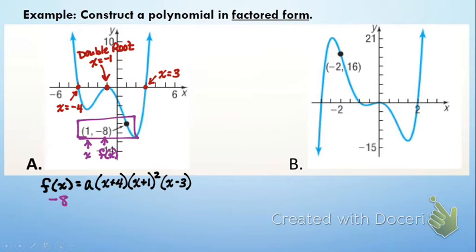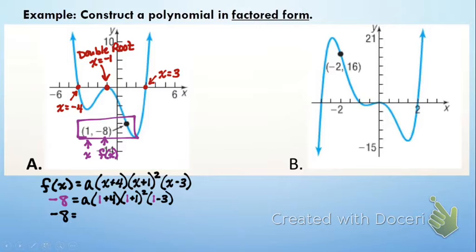So negative 8 is equal to A times 1 plus 4 times 1 plus 1 squared times 1 minus 3.